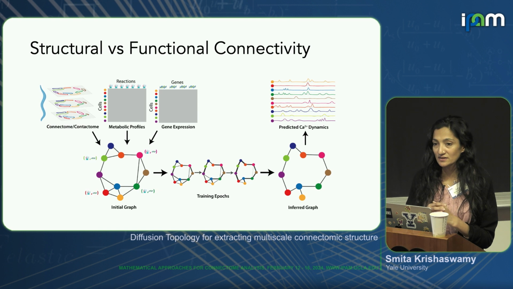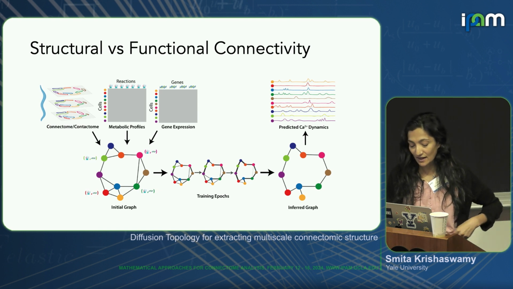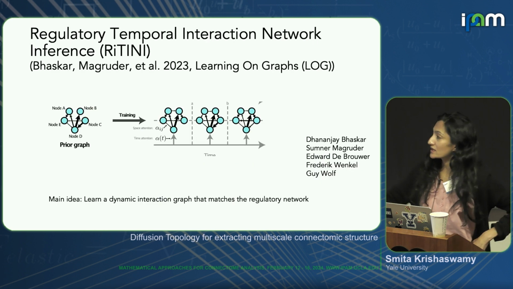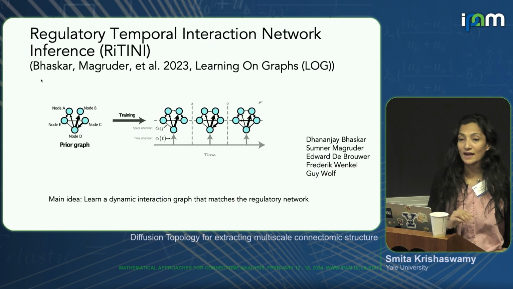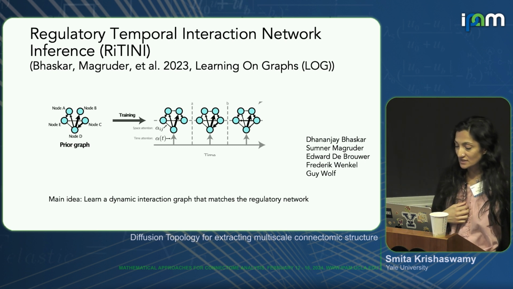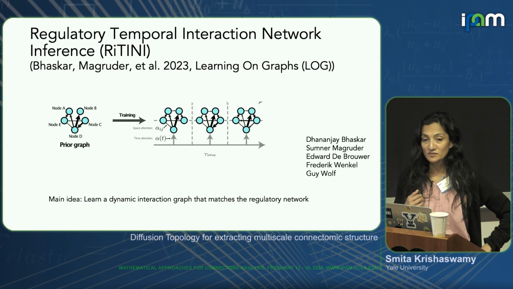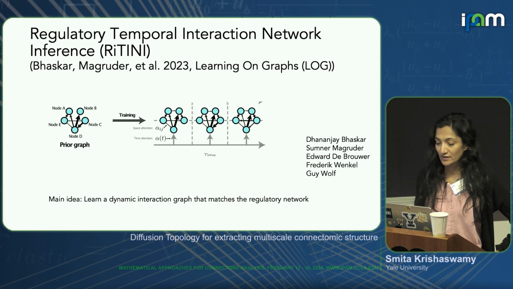It can be calcium signaling or whatever kind of activity measurement you have. We use a form of graph attention to read out what the graph looks like. This was recently published in December 2023 in a new machine learning conference called Learning on Graphs.